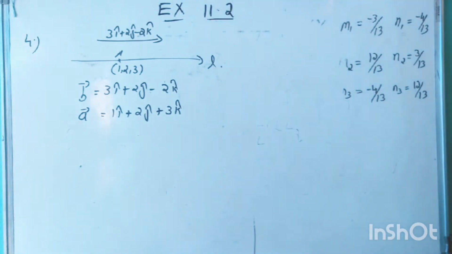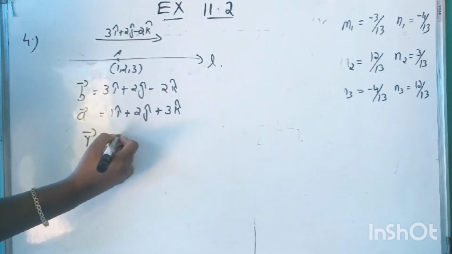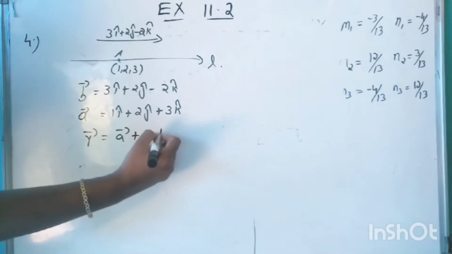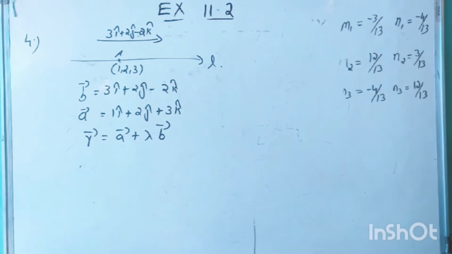The equation of a line through a given point and parallel to a given vector B is R vector equal to A vector plus lambda B vector.